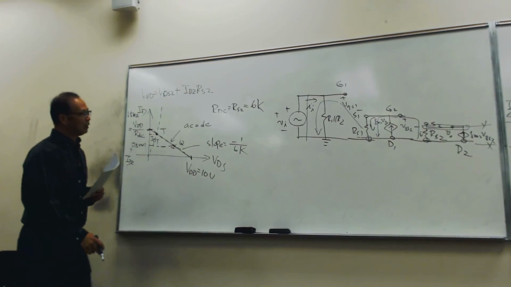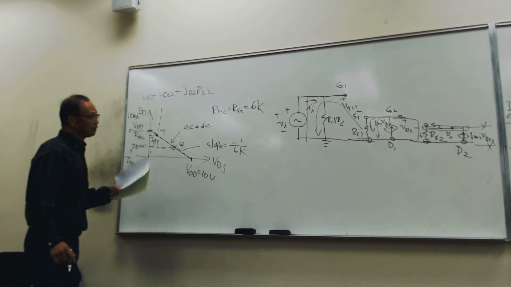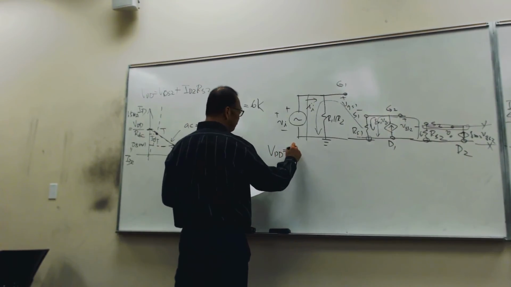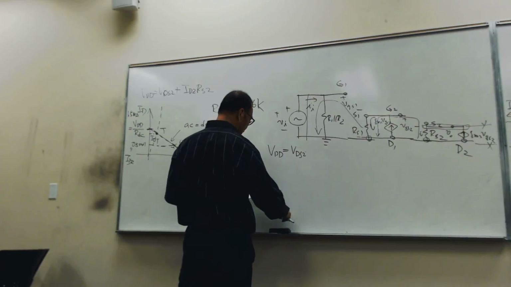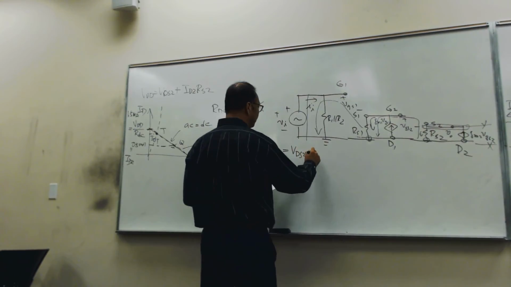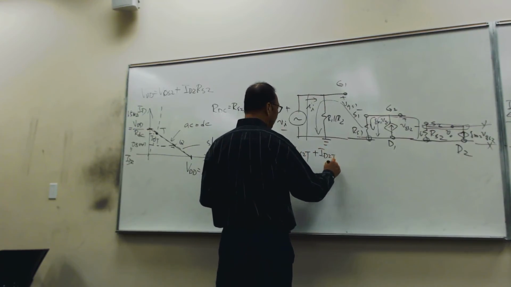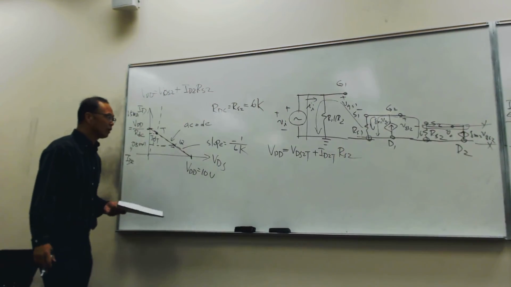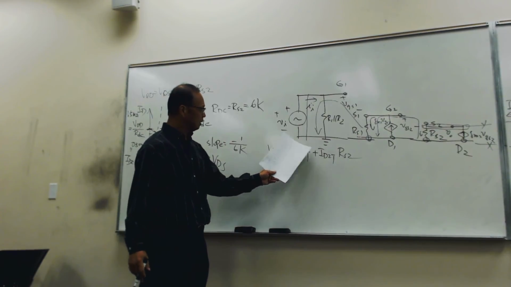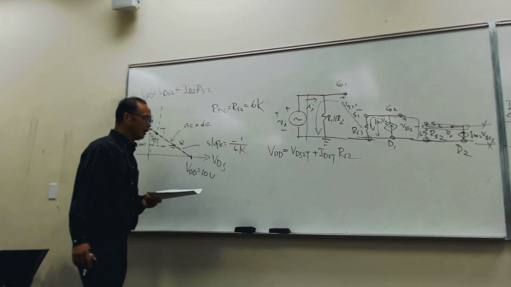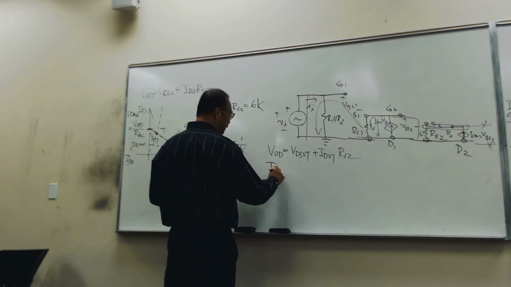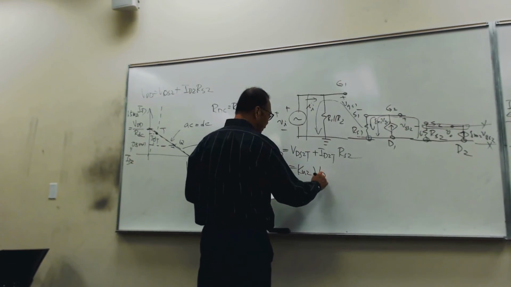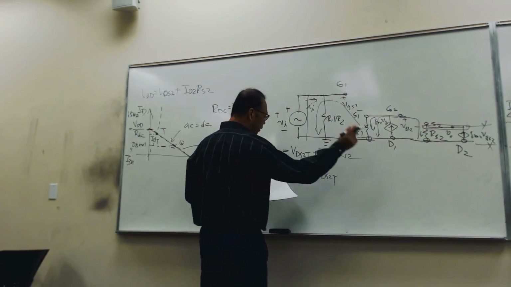To find the T point, again you use this equation. VDD equals VDS2T plus ID2T RS2. When you let this be T, this is T, right? Then ID2T equals Kn2 VGS2T squared.